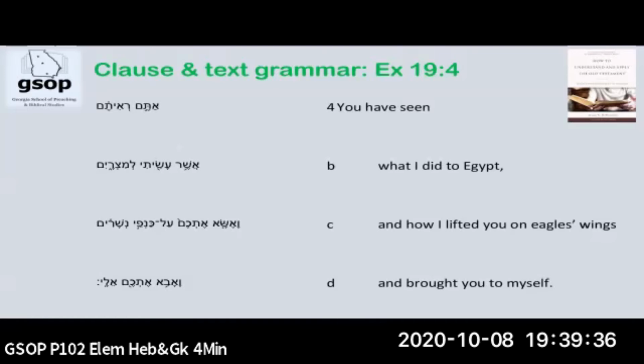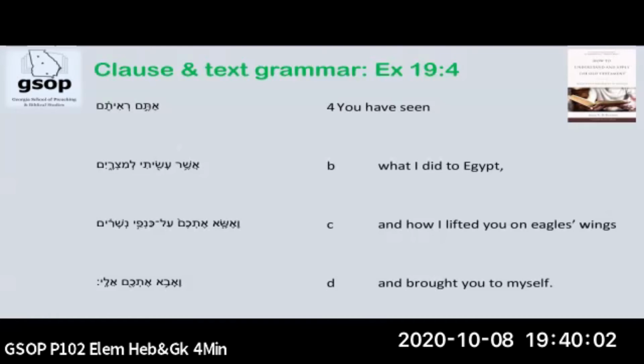But this is what I did to Egypt. You have seen, and so the relative clause is what I did to Egypt, followed by the object clause. The way it's laid out, you see the main clause, you have seen, is to the right and everything else is indented.